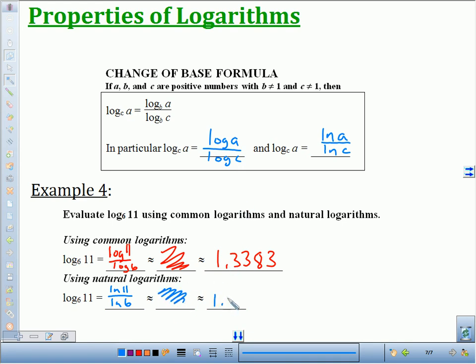But I should end up with 1.3383, an identical number. They mean the same thing, because log base 6 of 11 is 1.3383. So using this, we can evaluate any logarithm using the natural or the common log. So it's kind of nice.